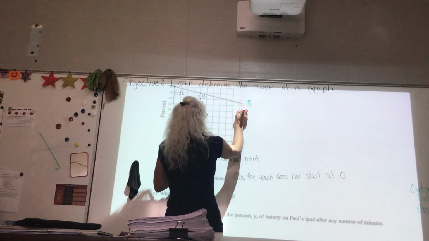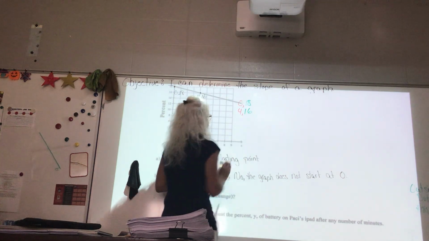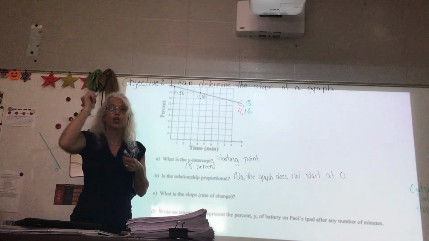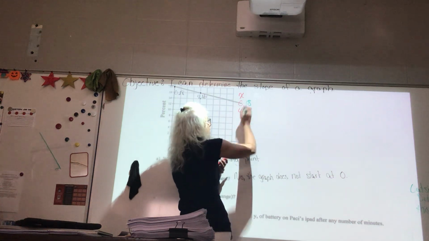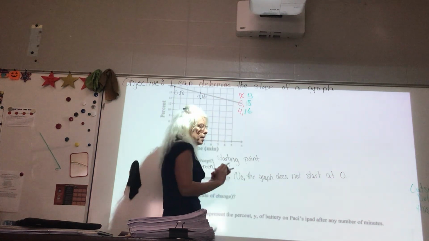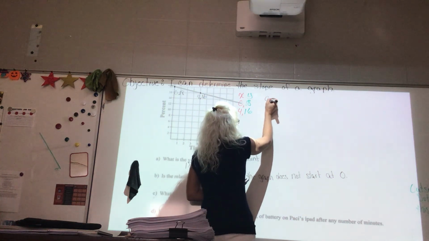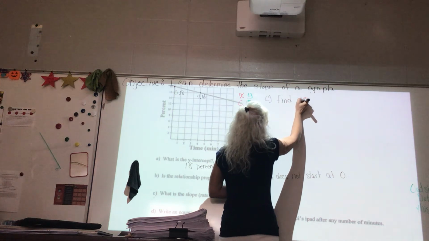And then 4, 16. Label your columns. This is your X's, your X column. This is your Y column. And on part C, we want to know the rate of change or slope. Find slope.